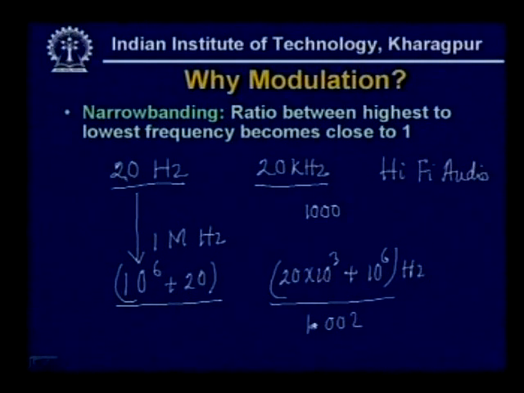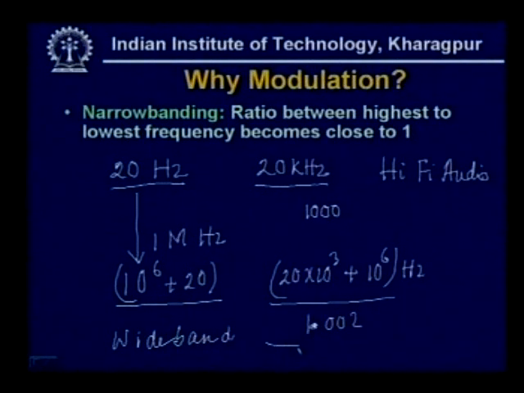You see, we are converting a wide band signal, wide band not in terms of absolute values. You can see here 20 hertz to 20 kilohertz, these are not really very high frequencies. However, you may consider it wide band in terms of the ratio of the highest frequency to the lowest frequency.